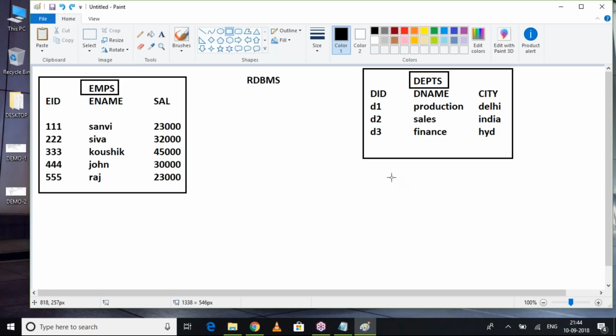How can I? You can do it by maintaining relation between the tables. From the department table, we are going to implement some link to the employee table.